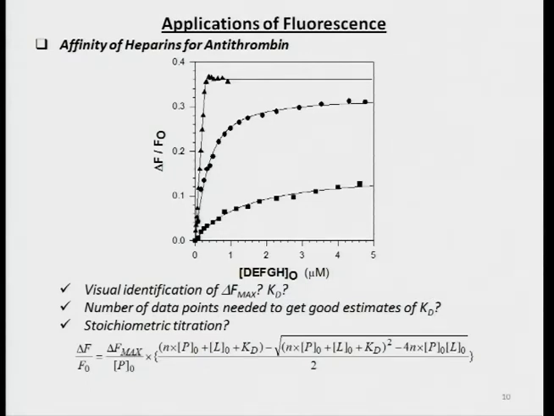In addition, this is very useful because there is a visual identification of what the affinity is. Saturation is happening at very low concentrations here, and at very high concentrations there, so the affinities are significantly different. Visually, approximately take 50% of that, find the concentration, and that's the approximate affinity.